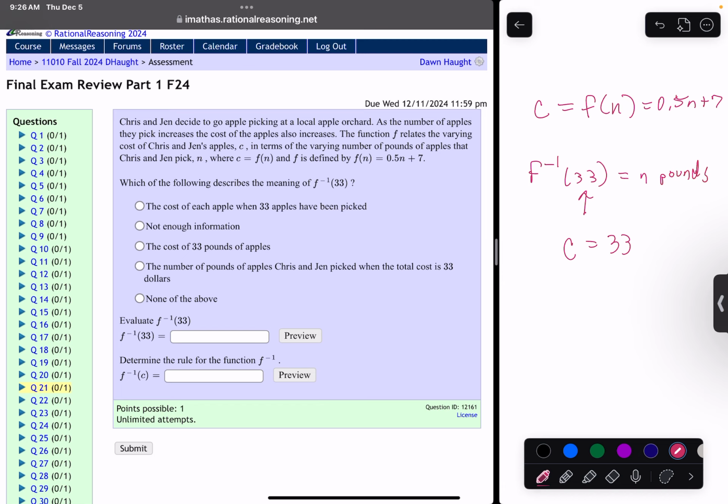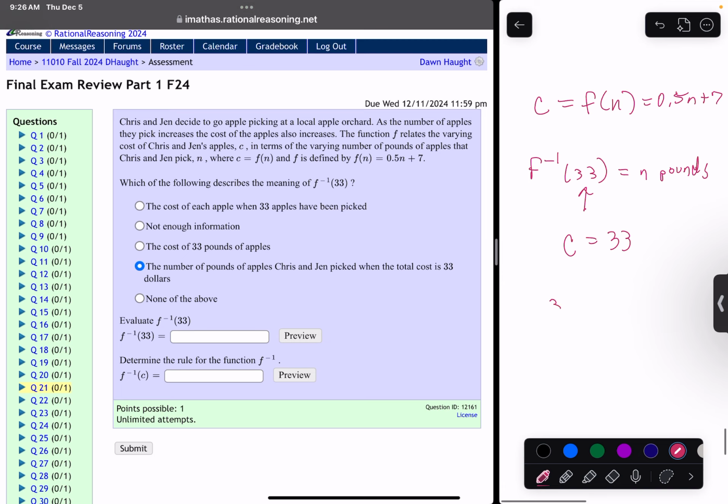So which of the following best describes the meaning? That is the number of pounds of apples when the total cost is 33. Now, how could you find it? Well, 33 equals the y value, or the f of n value, or the C value. So if you just set that equation equal to 33, you're going to find it.